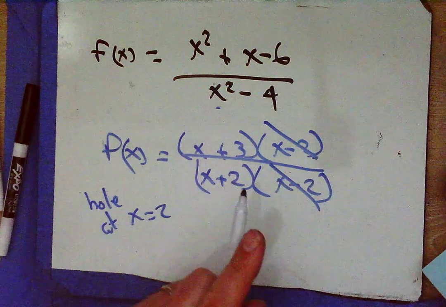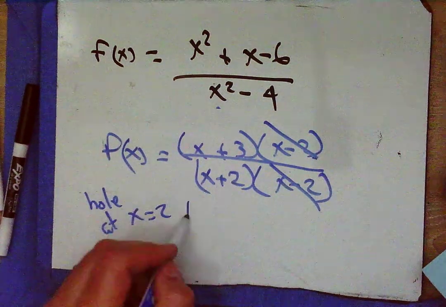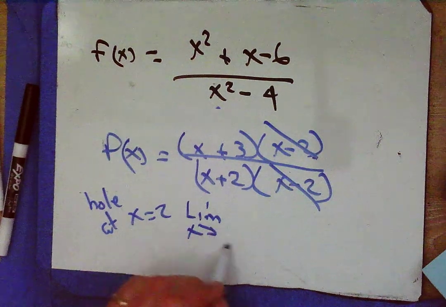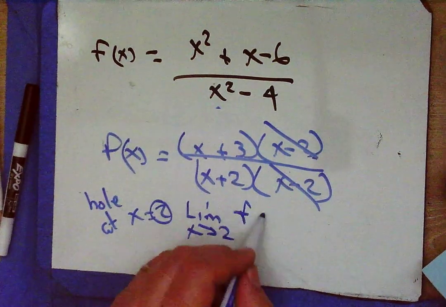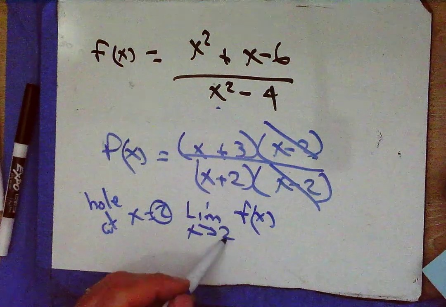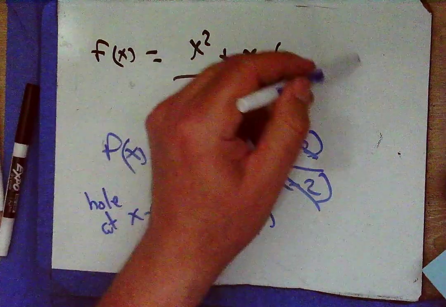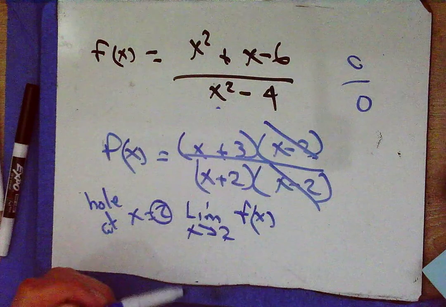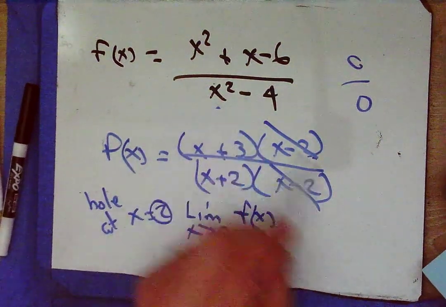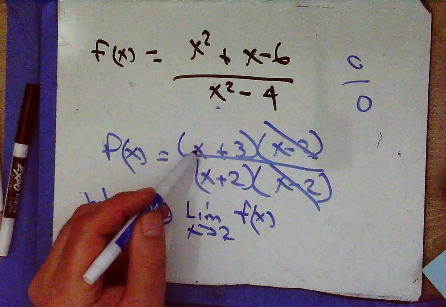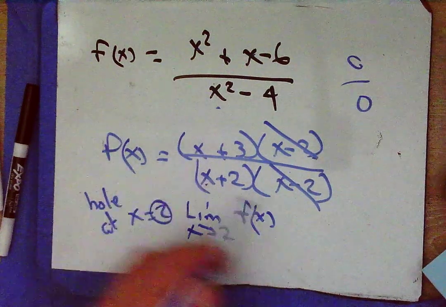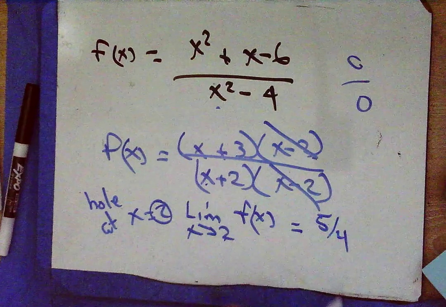In fact, if I want to know the limit as x heads towards 2 of f of x, I can plug the 2 in here and end up with 0 over 0. But if I rewrite this and cancel out those factors, I can plug in my 2 here and here, and I end up with 5/4.